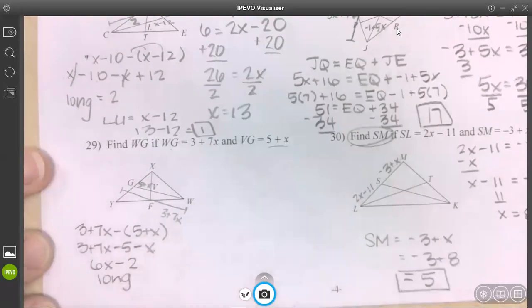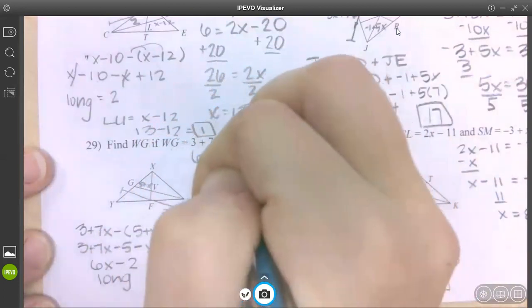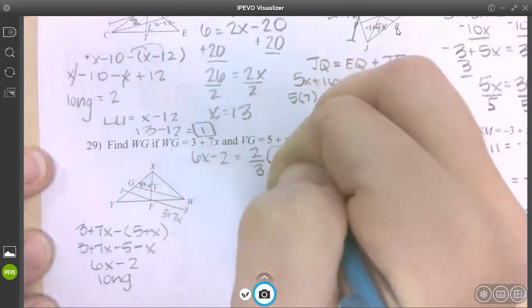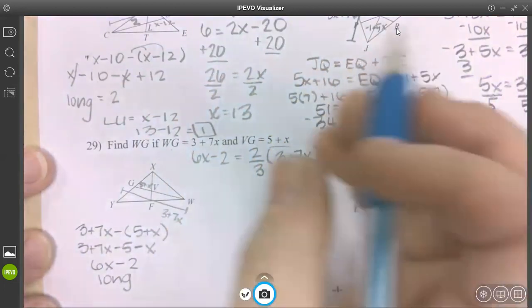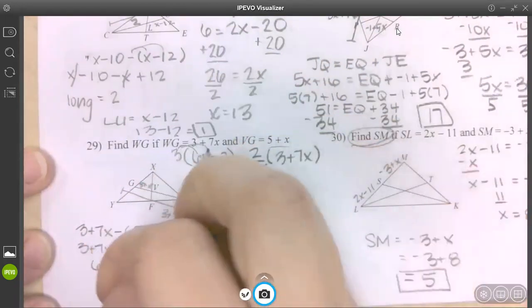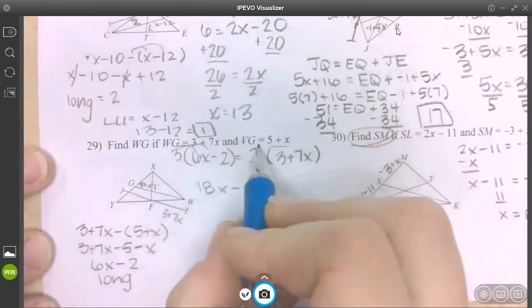This is our long part. So we do our long part equals 2/3 times the full length. Multiply by 3 to get rid of this 3. And when I distribute, I get 18x minus 6.